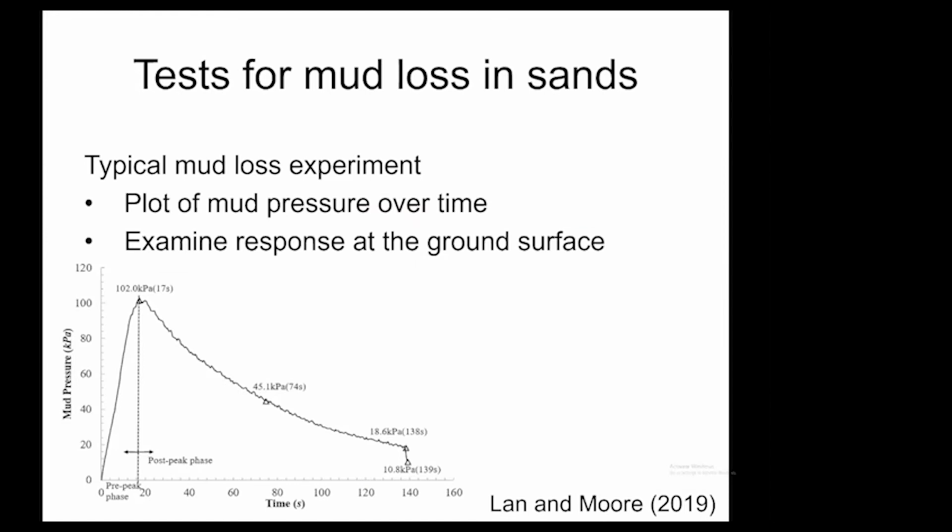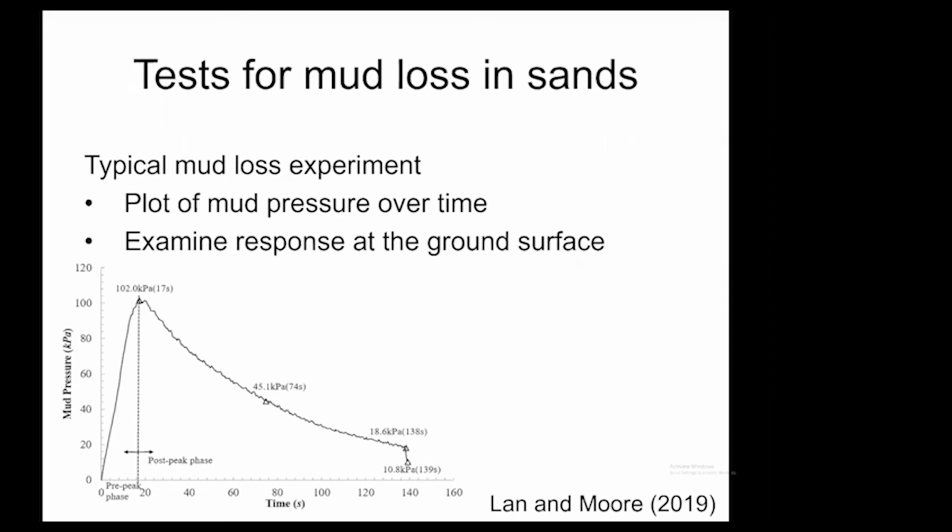Now, I'm going to show you a number of photographs of the process of what that test looks like as the mud travels through the soil. And I'm going to relate it to this plot of mud pressure with time.